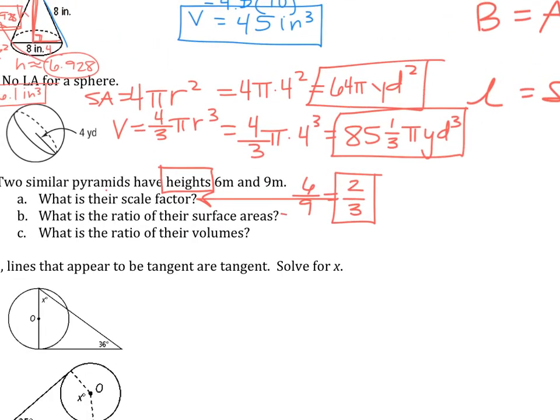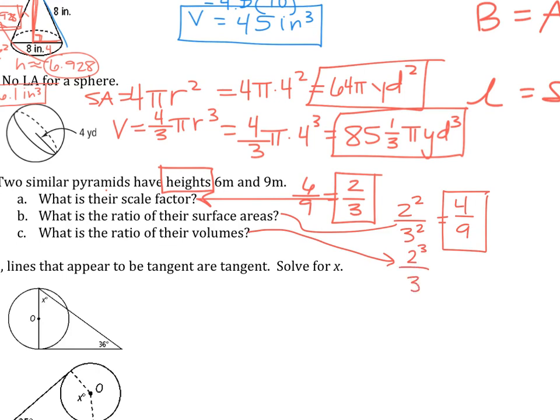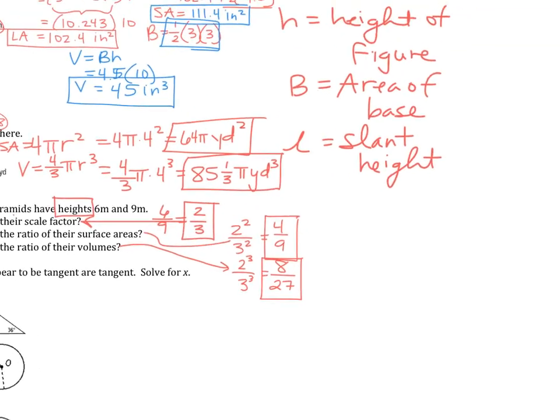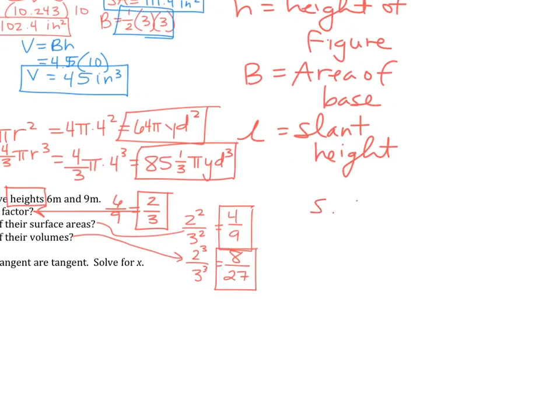You square them. So 2 squared to 3 squared is 4 to 9. And then how do you find volume? Cube it. 2 cubed to 3 cubed is 8 to 27. Okay, if I were you, I would go on my cheat sheet.